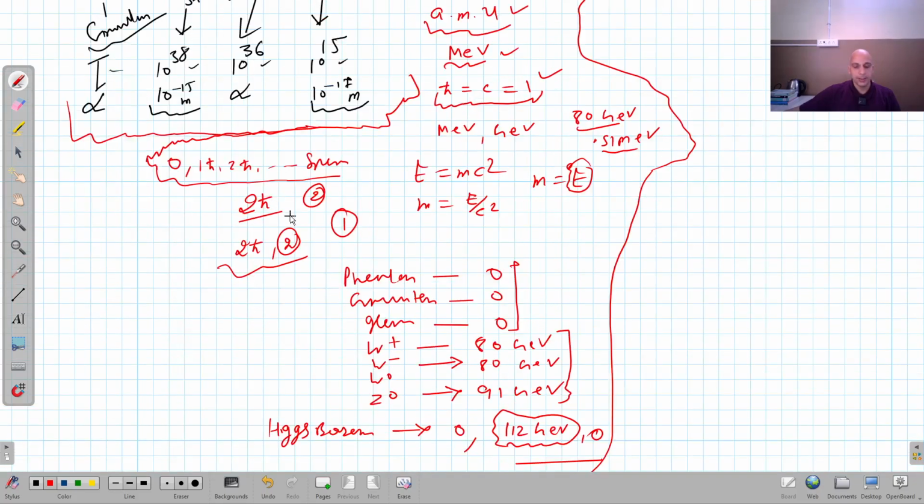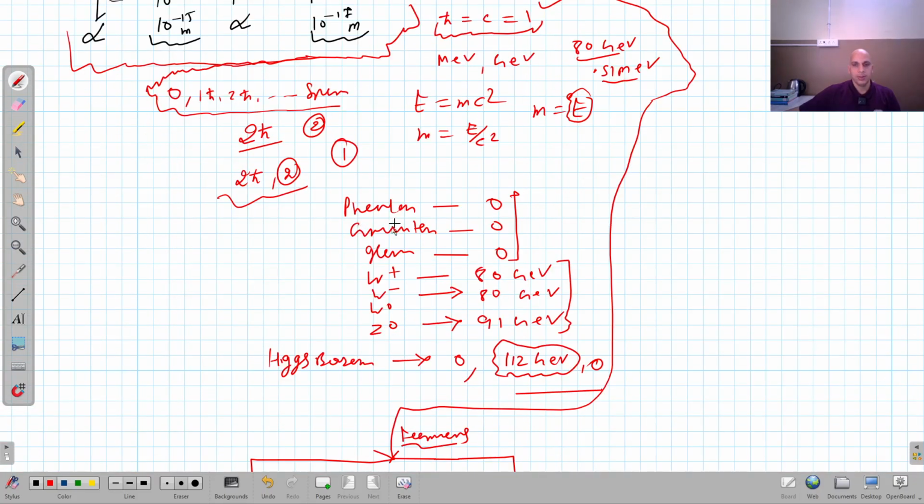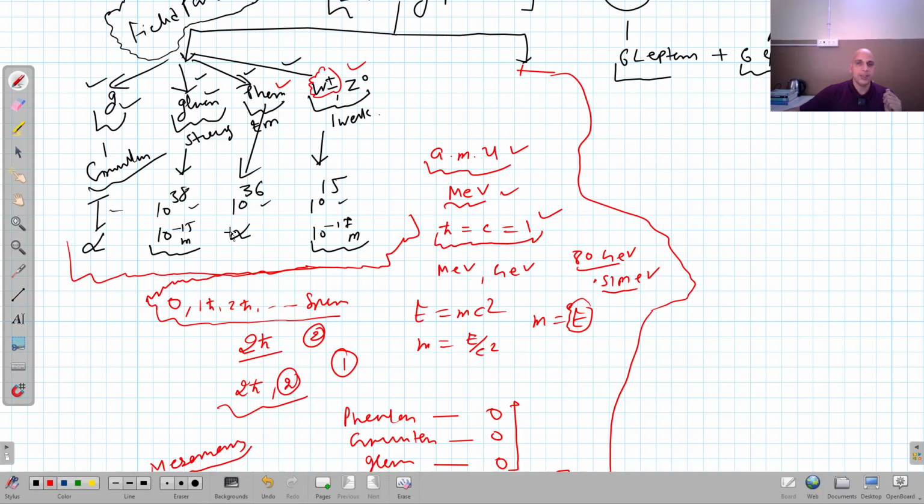The one more particle that I didn't mention here is the mesons, right? Mesons are also bosons, right? So if I want to add them in this classification, I can add them in the classification of matter particles.